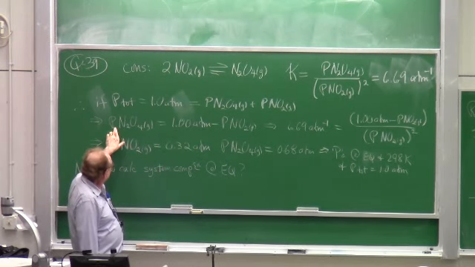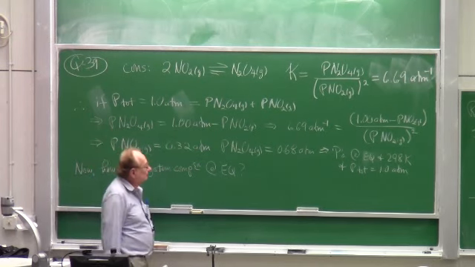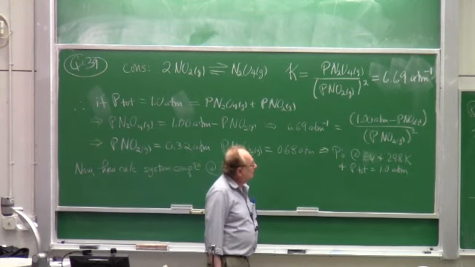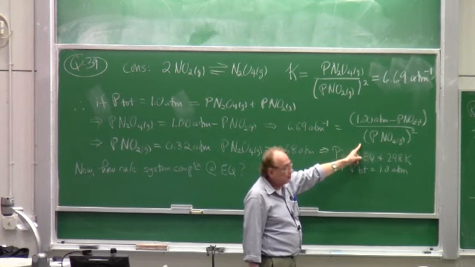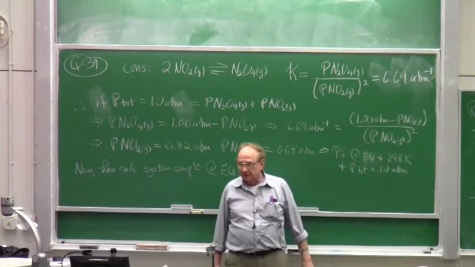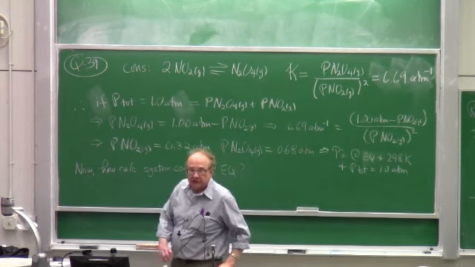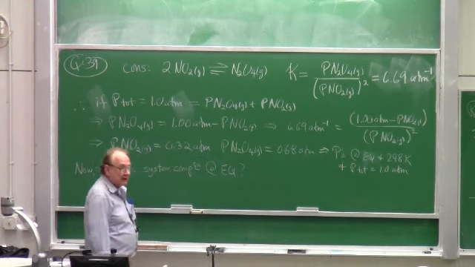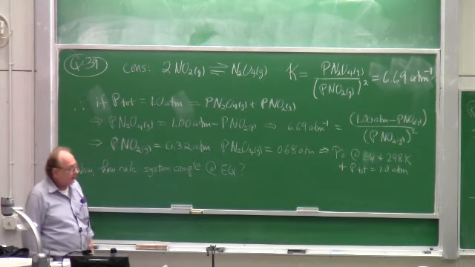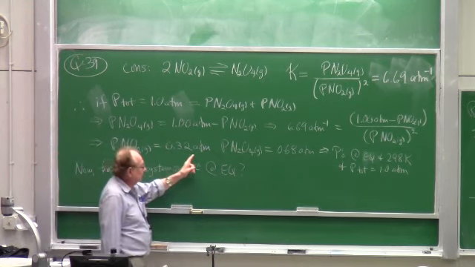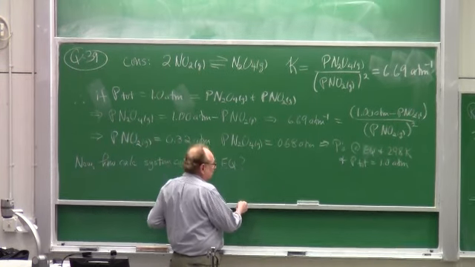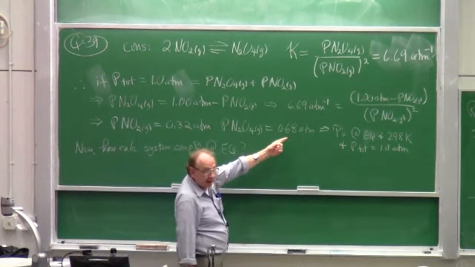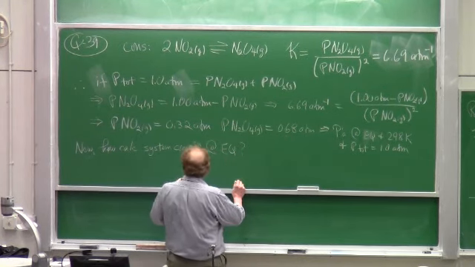So I did that for the partial pressure of N2O4 gas. So we'll go back to our equilibrium constant expression. With this substitution, convert the equilibrium constant expression to one unknown and solve it, in this case to get the partial pressure of NO2 gas, from which immediately the partial pressure of N2O4 gas follows. These are the values. And of course, the sum of these has got to be 1.00 atmospheres, as is the case.